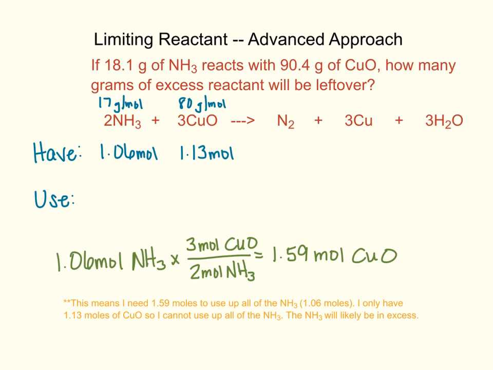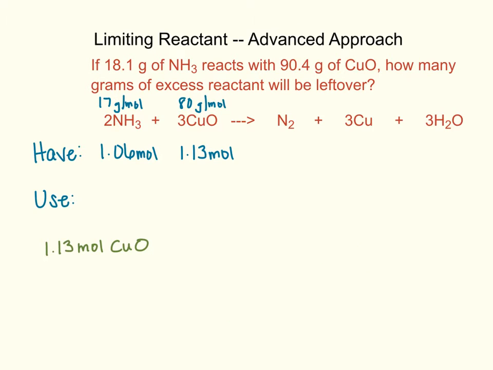So when I look back to what I have, I don't have 1.59 moles of CuO. I only have 1.13 moles of CuO. So I'm not going to be able to use up all of my NH3. So most likely my NH3 is going to be the one that's in excess.